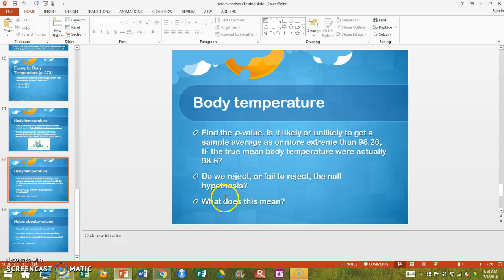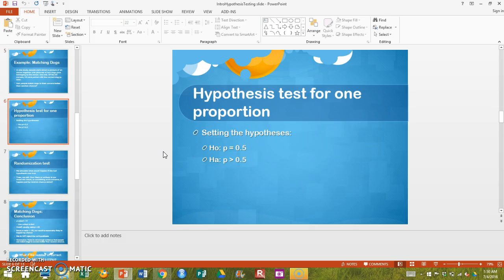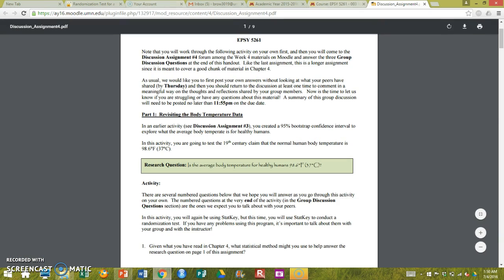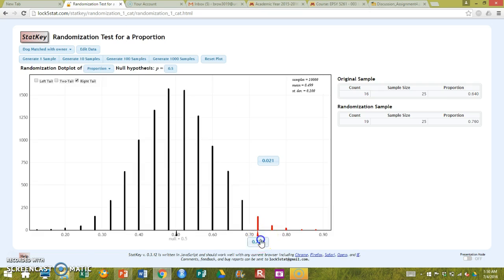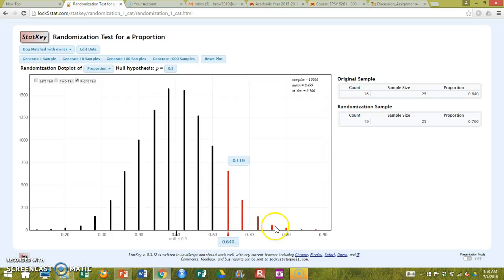Now, one other quick thing about this. In our matching dogs example, the alternative hypothesis was what we call one tail, because we guessed a direction, greater than 0.5. And so we did what was called a one-tailed hypothesis test, because we only looked at the p-value given one tail, the right tail.